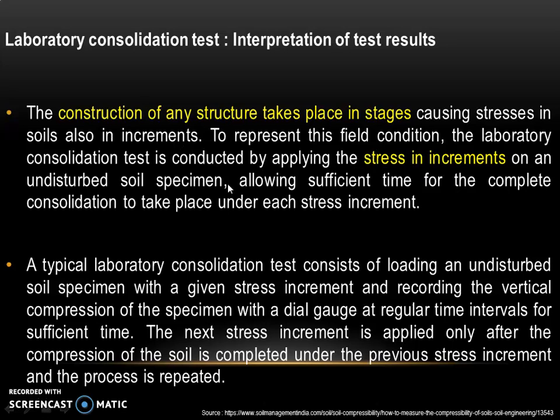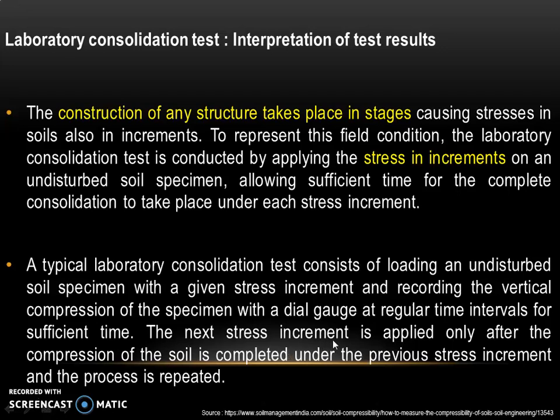This test is conducted on undisturbed soil specimen, and this soil specimen will be allowed to consolidate for sufficient time under each stress increment. A typical laboratory consolidation test consists of loading an undisturbed soil specimen with the given stress increment, and the vertical compression of the soil specimen is noted down with a dial gauge at regular time intervals for sufficient amount of time.